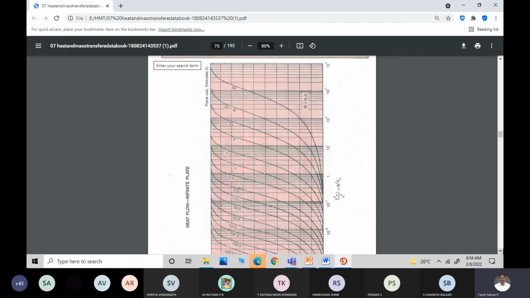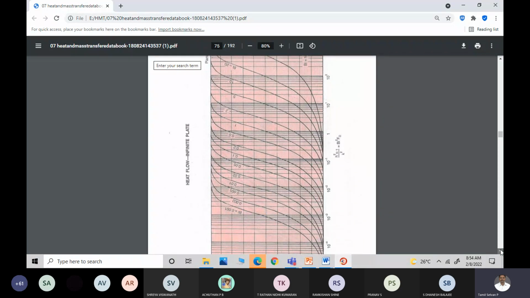From this chart you have to get the Q by Q naught value.